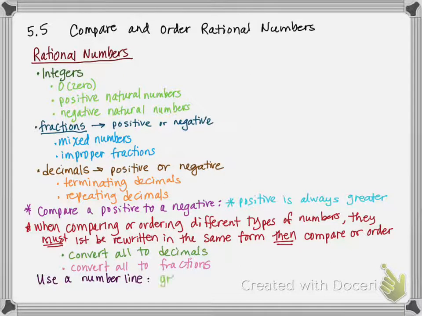The greatest value, so the greatest or greater, is going to be farthest right. So as you're getting farther to the right on the number line, you're going to be greatest. And then the least, that means the smallest of all of them, is going to be farthest left. And then it's kind of in between there. So the farther right you are, the greater you are. The farther left you are, the less you are.